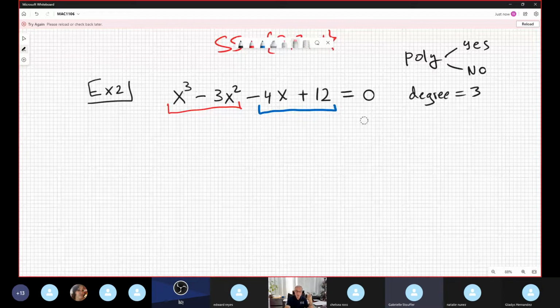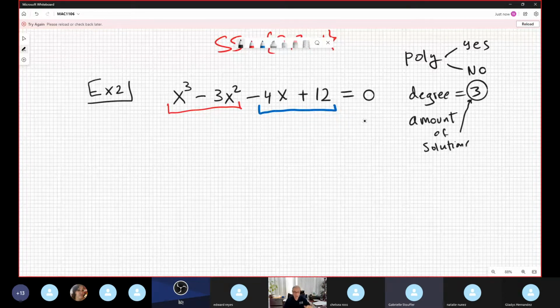And we know by memory a theorem that says that in a polynomial equation, the number of solutions is exactly the same as the degree. In other words, the number of solutions coincides with the degree of the equation. Cool?